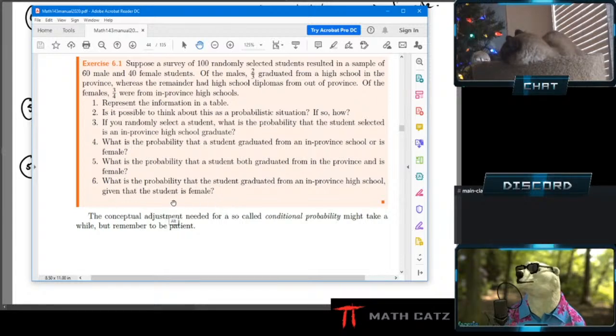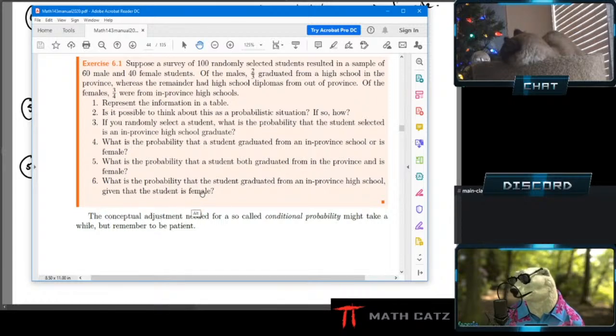This is different. I'm looking for the probability the student was in province. But I'm given information, the student is female. Which means I'm not looking at all possible people.